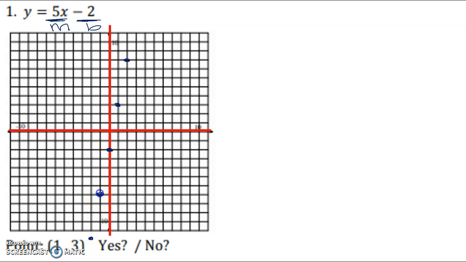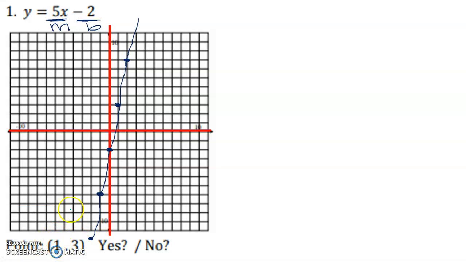And once we have those points, we can connect these to make as straight of a line as possible. It'd be nice if you had a straight edge. I don't, which is why my graph is really wobbly there. So then we have to determine, is the point (1, 3) a solution?